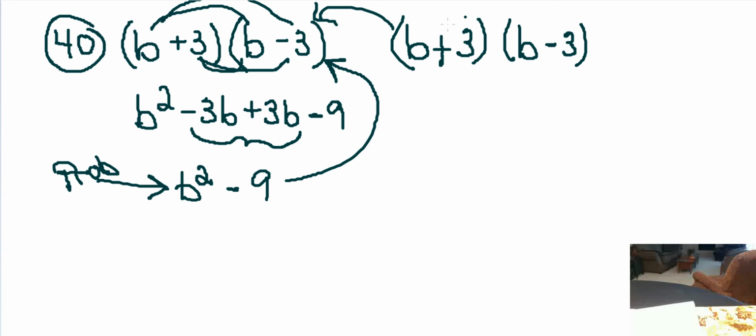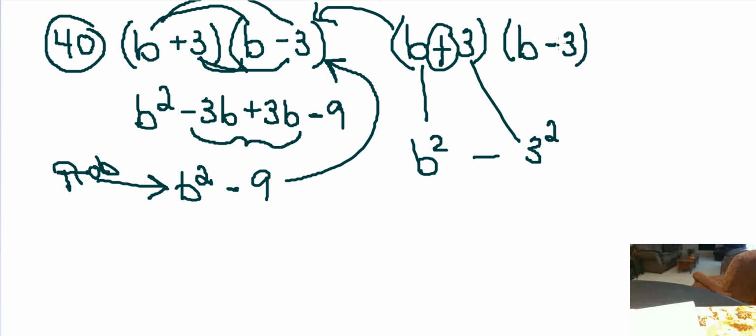If you notice when you're doing problems that you have the sum and the difference of the same two terms, well, that falls under the special product section, and therefore an easy way of doing this is taking the first term b and squaring it, taking the second term 3 and squaring that, and it's always a minus sign in between when it's the sum and the difference of the same two terms.